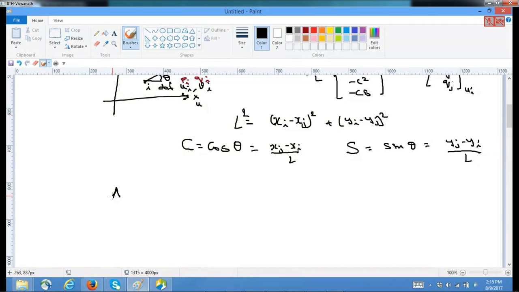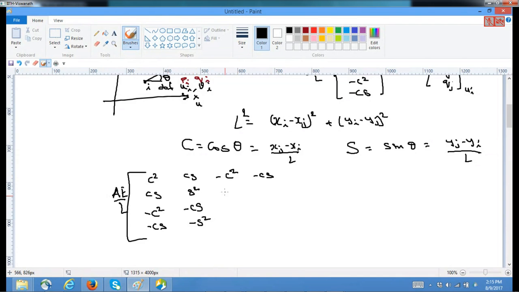Because it is symmetric, one can easily write it in this manner: s square, minus cs, minus s square, and so on, the remaining entries following the same pattern, times ui, vi, uj, vj, and this is the sum of forces from all the contributions.